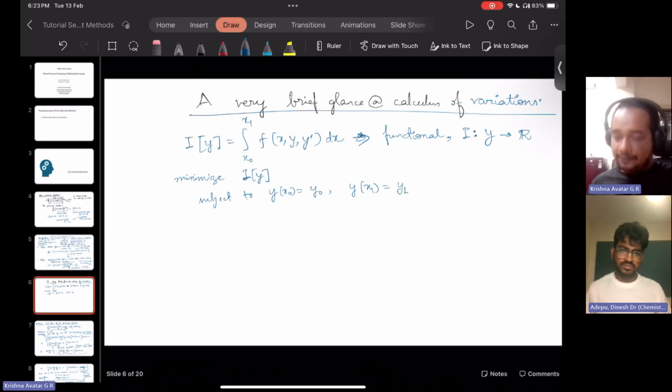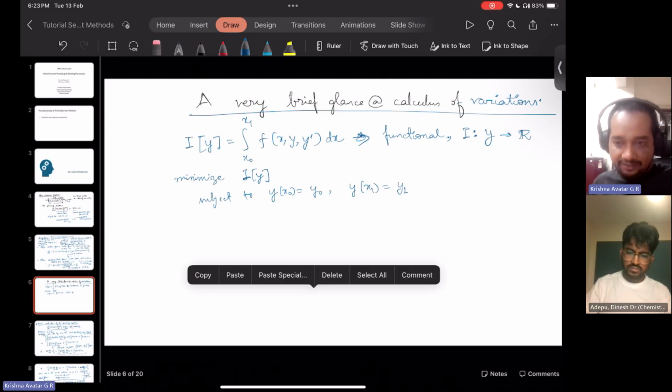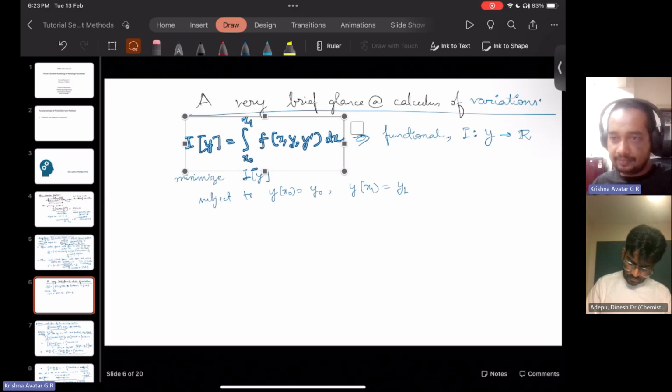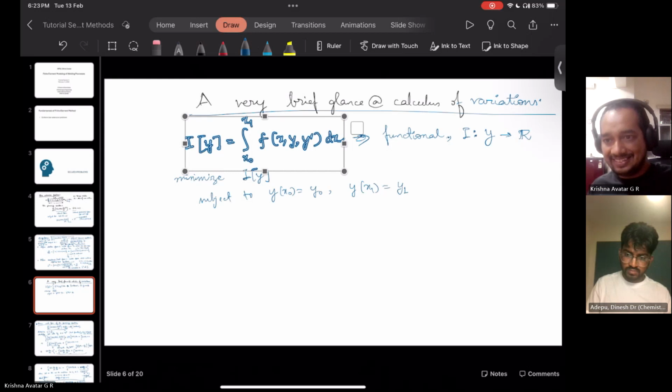Now, what you have to see is that when we are trying to minimize functionals of this type, we cannot actually plot it, because you don't know how to order two different functions.